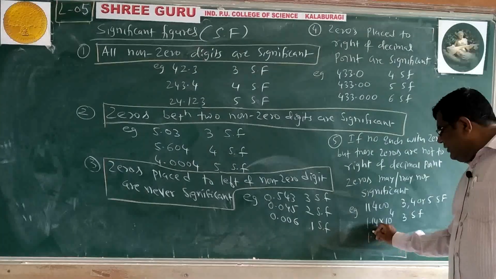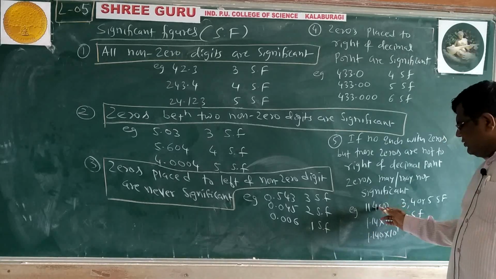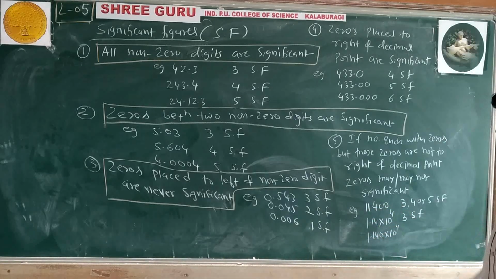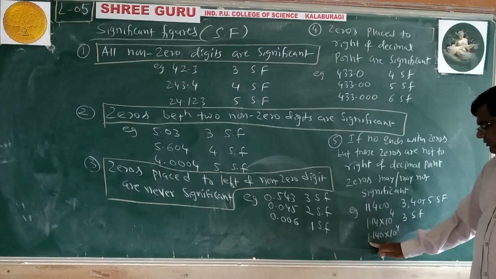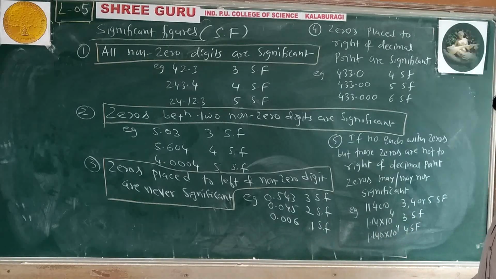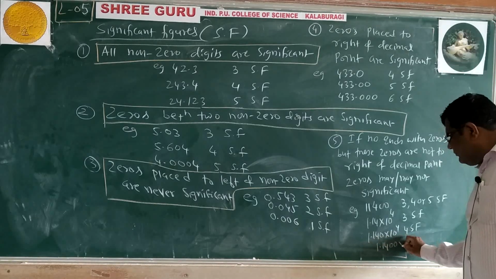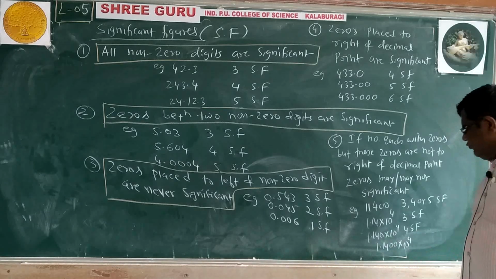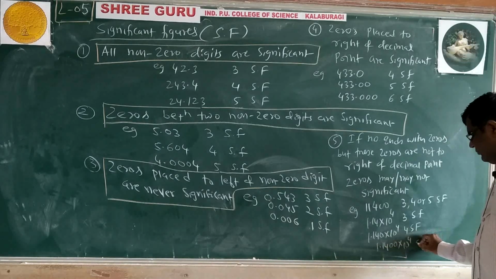If we have 1.140 into 10 raised to 4, then in this pre-exponential part, we have 1, 2, 3, 4. 4 significant figures. Or if it is 1.1400 into 10 raised to 4, we have 1, 2, 3, 4, 5 significant figures.